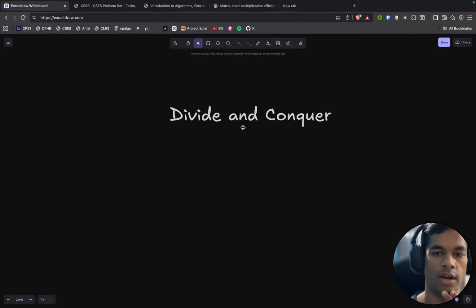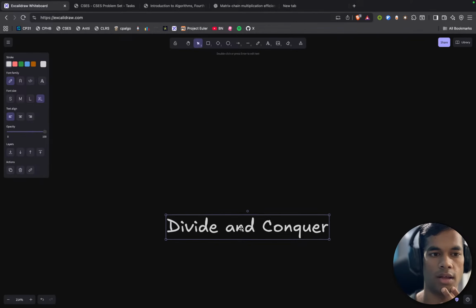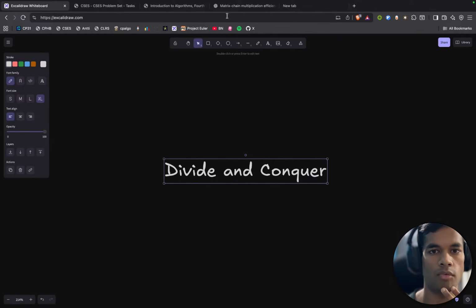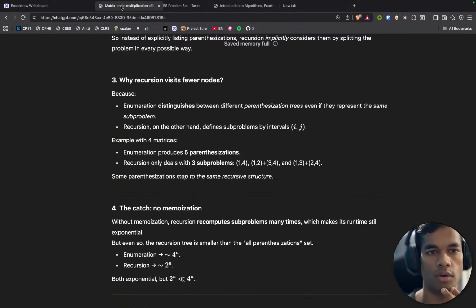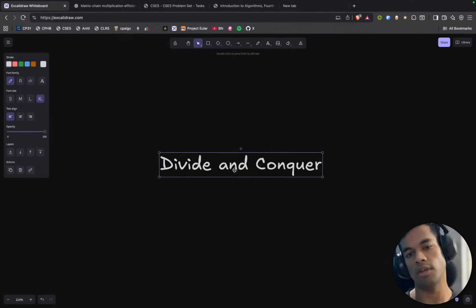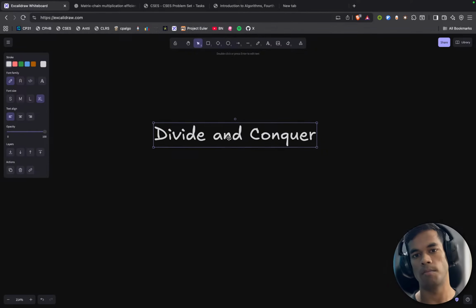We are using divide and conquer, and that is somehow reducing the number of problems that we have to solve. The same thing we use in merge sort. We are using the same thing here, divide and conquer.